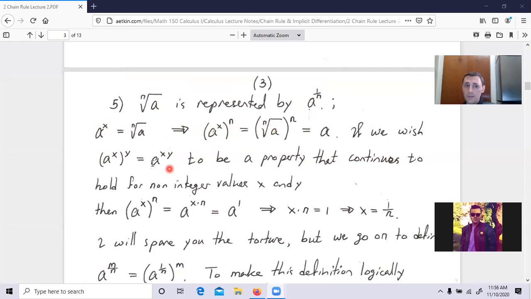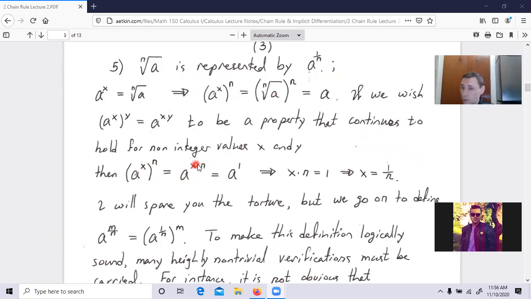Yes, and if you wish this law to continue to hold, that x to the power of y, multiplied, even when x and y are not necessarily both integers, then we want x times y to equal 1, where y is n, right? So I want this law to still hold even when x is not an integer. So that is x times n equals 1, which means x equals 1 over n.